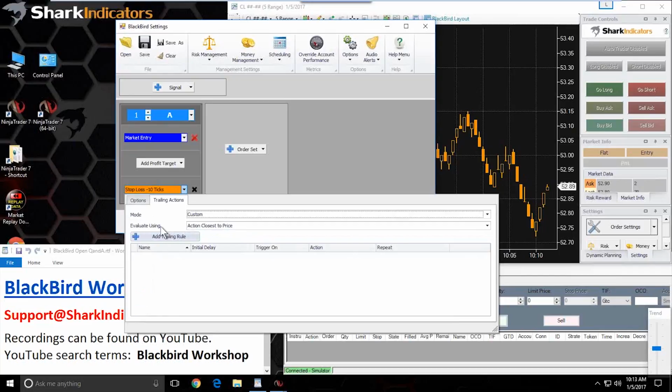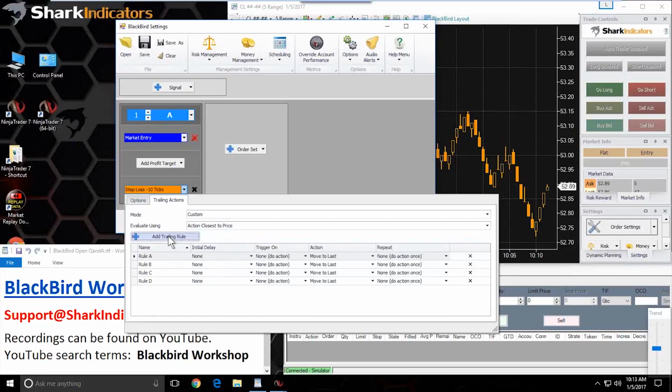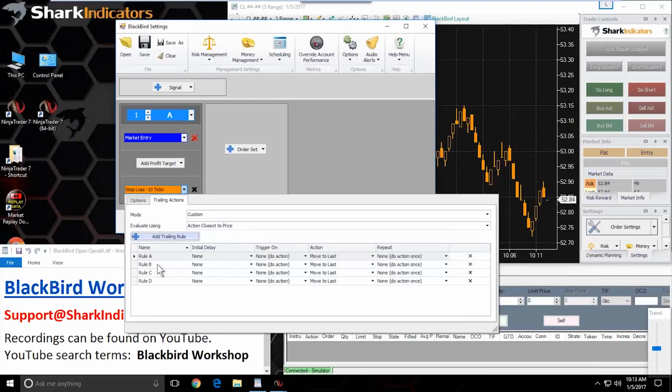The evaluate comes into play when you have multiple trailing rolls. So let's say you have 4 trailing rolls, and 3 of them are all trying to move your stop loss at the same time. Well, you have to come up with some kind of system to decide ahead of time which of the 4 trailing rolls has the priority.